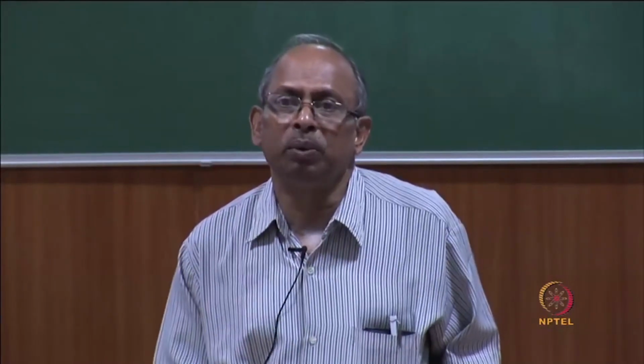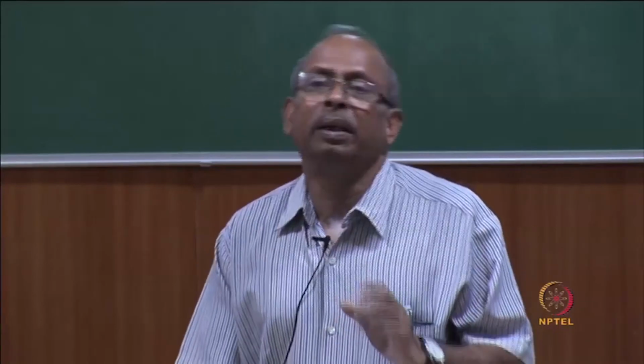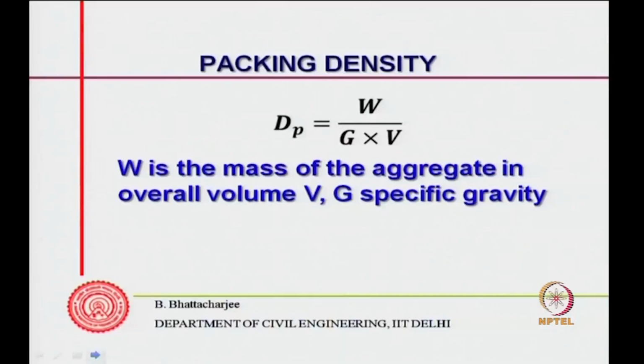That means you fill this one with water, and find out the mass of the water by the difference of two weights, the empty container and the container full with water, and this volume is V. The difference of them will give you the mass of water, from which you can find out the volume V.